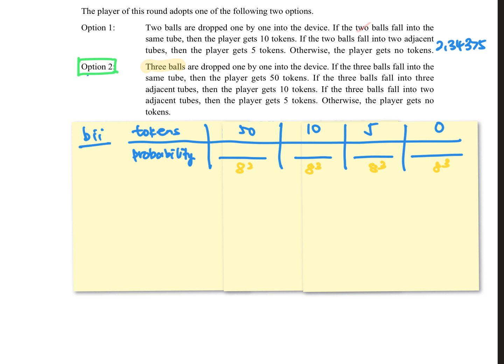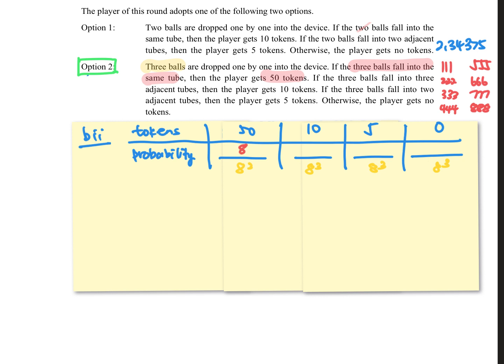If 3 balls fall into the same tube, that gives 50 tokens. Again, it's easy. It is just a case, and we can name it a 3-digit number this time. So that's just 8 cases, easy.